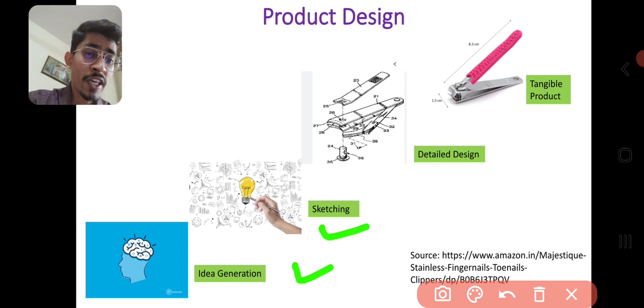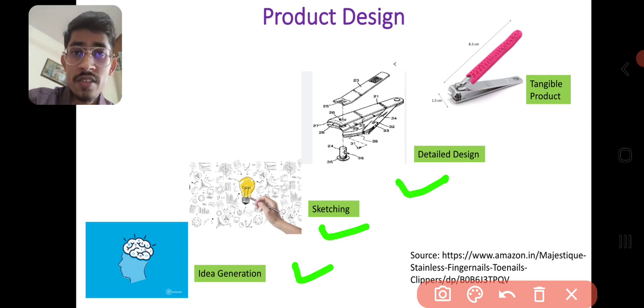Then for those two alternatives, in detailed design we are going to develop a detailed sketch. Detailed designing is nothing but providing various tolerances and dimensions of the product, the material requirement for that product, and the various manufacturing processes related to the components of that product or to that solution.